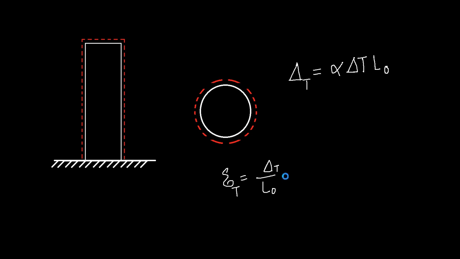And you will also have a change due to temperature with the initial diameter or initial width or whatever dimension you are considering, and using this equation you can find the change in dimension on the particular cross section you are looking at.